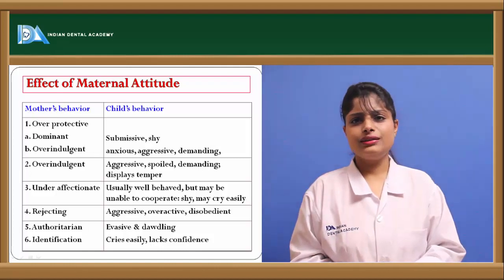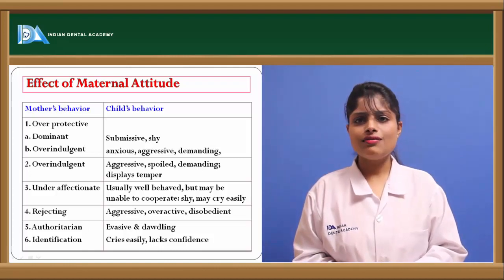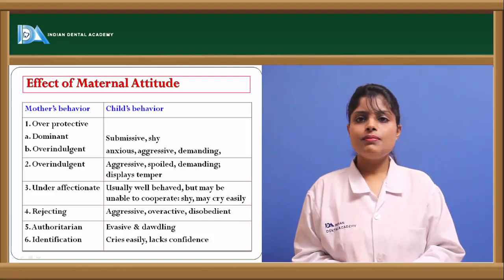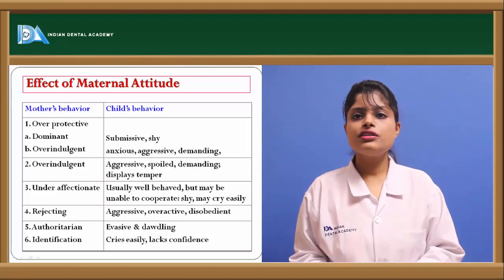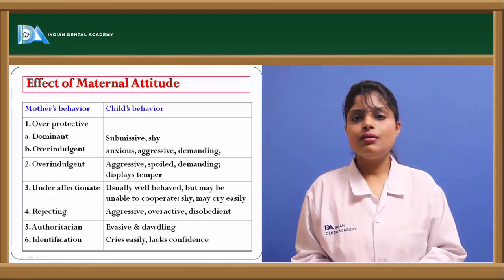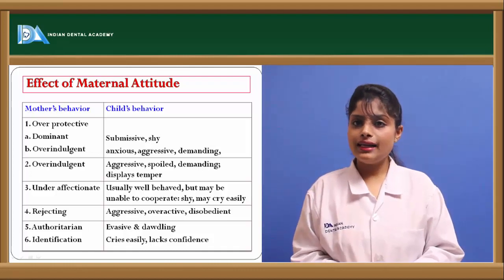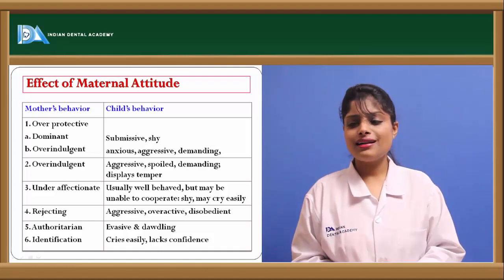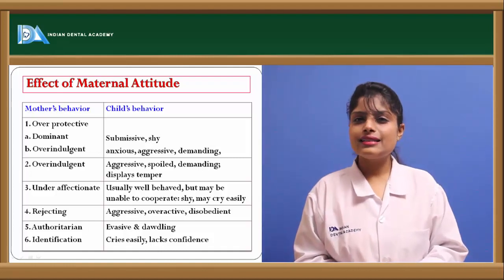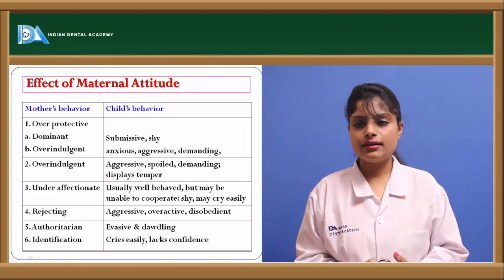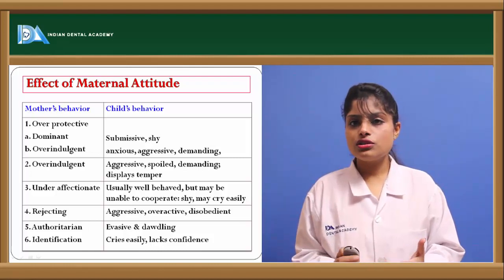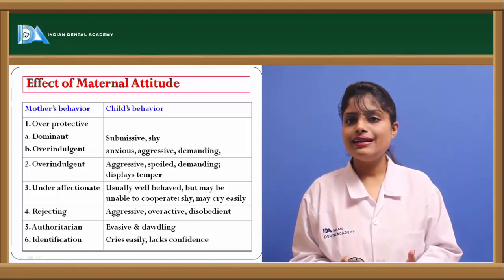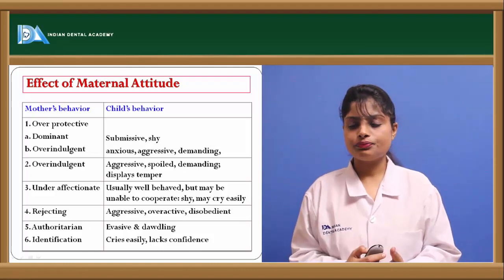Now, a rejecting mother is generally one who does not love her child at all. By means of physical or verbal ridicule, the child will be punished. The neglect may show up as physical abuse signs, a battered child, and neglected dental or overall health, and such a mother will always refuse to spend time or money on the child.